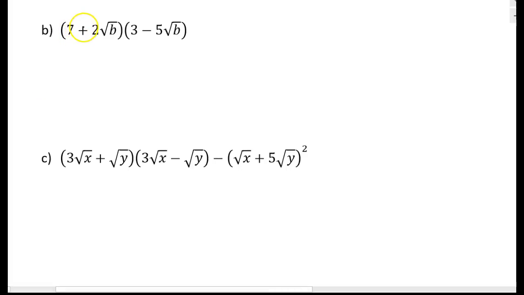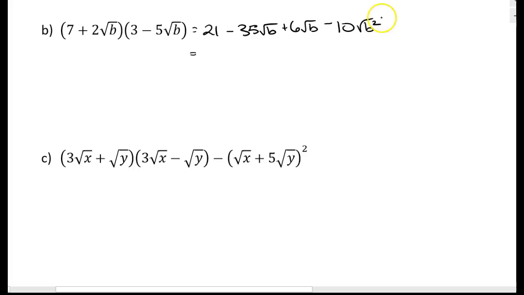Unfortunately, B is not a perfect square, so we are going to have to deal with this full on. So first, 7 times 3 is 21. 7 times negative 5 is negative 35 root b, plus 6 root b, minus 10 root b squared.